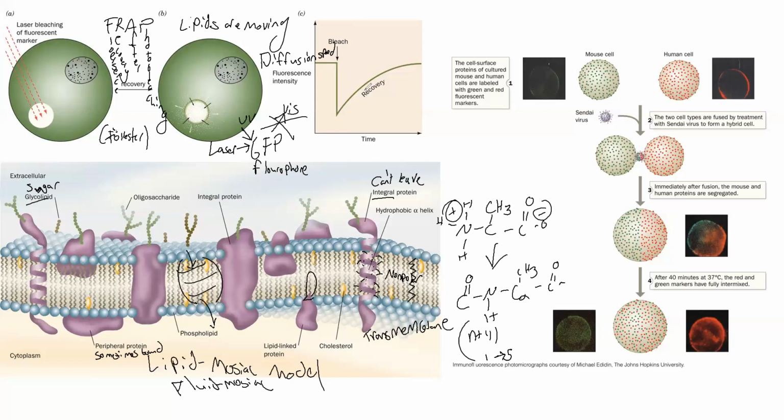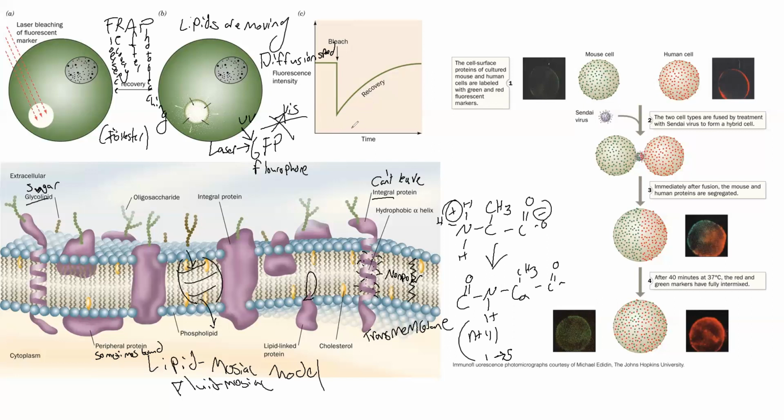And here's a graph that's showing the same thing as this picture, where we have fluorescence, fluorescence, fluorescence. If we're looking at a certain part of the cell, we bleach it. So that part of the cell no longer has fluorescence. And as long as whatever molecule you're looking at is free to diffuse, that fluorescence signal will slowly recover.